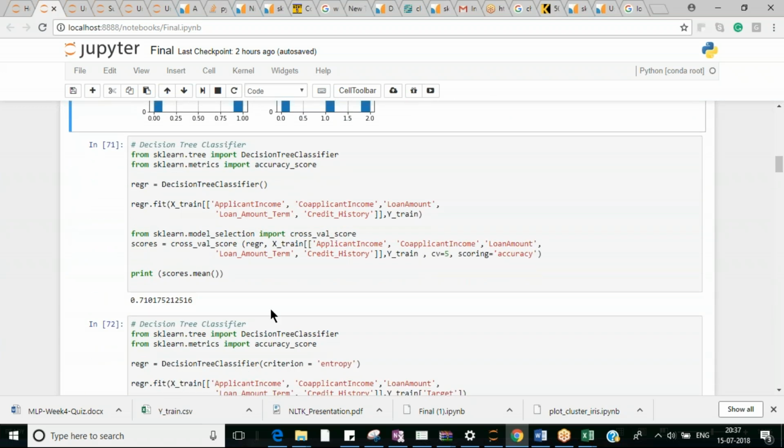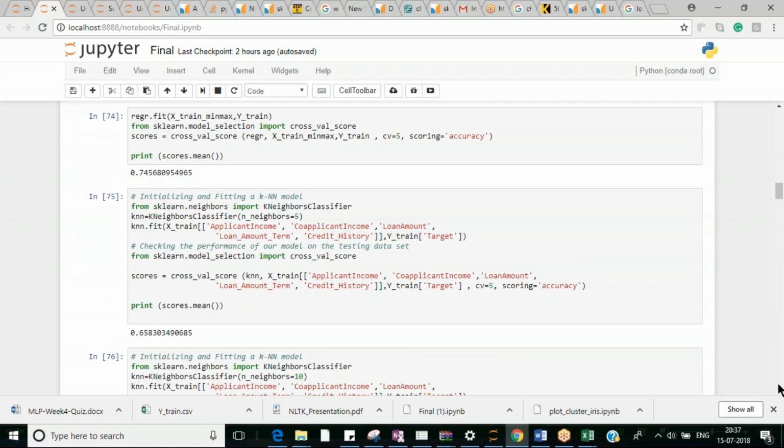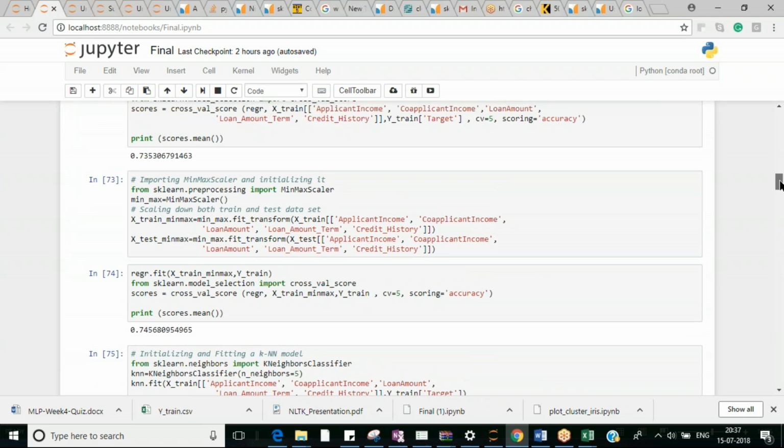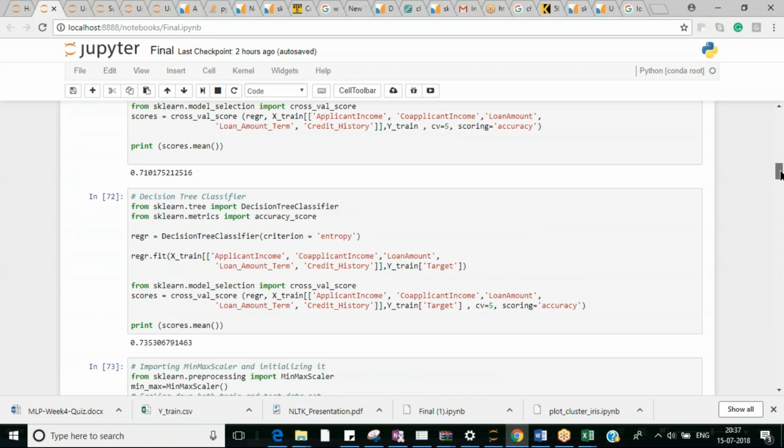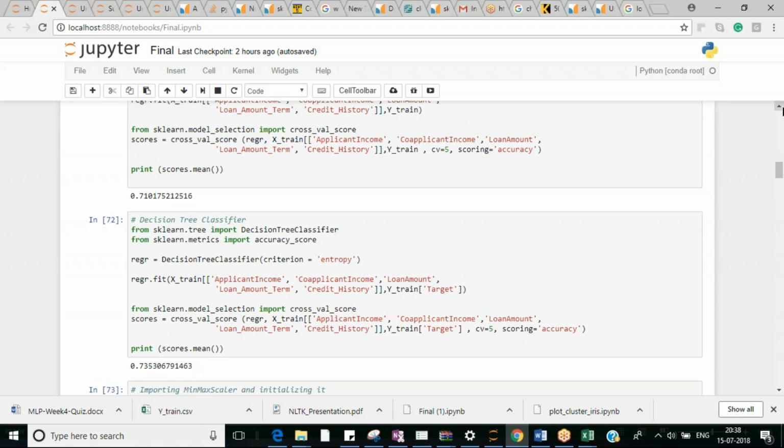Okay. So then we have a score. Now I take the same model.